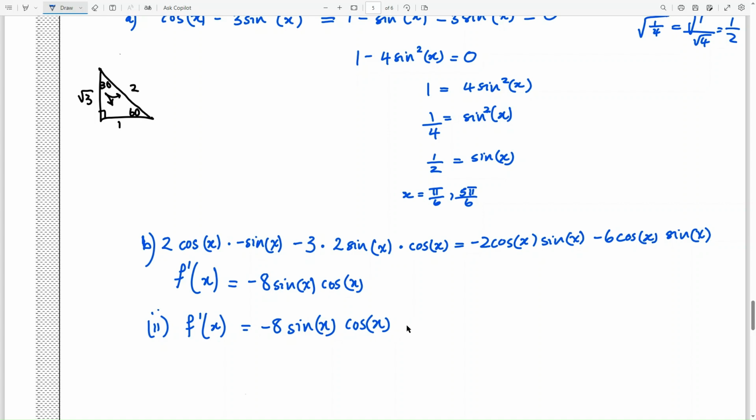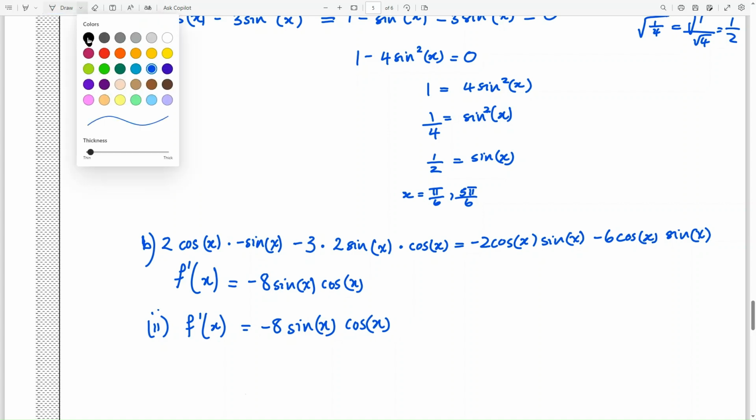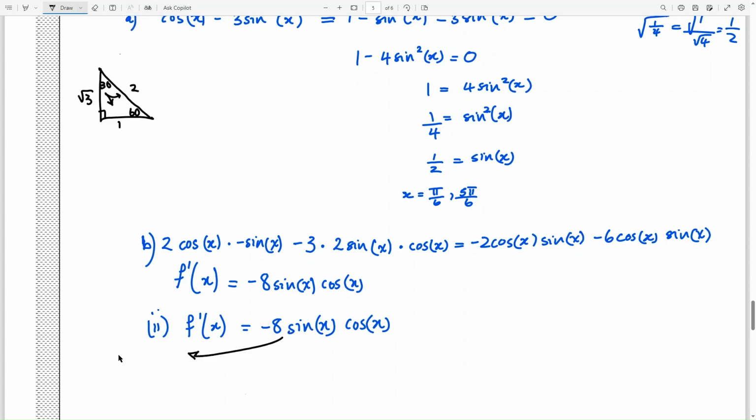There is also another way to write this. If you consider the double angle identity from before, just remember that sine 2x is equal to 2 times sine x cos x, right?